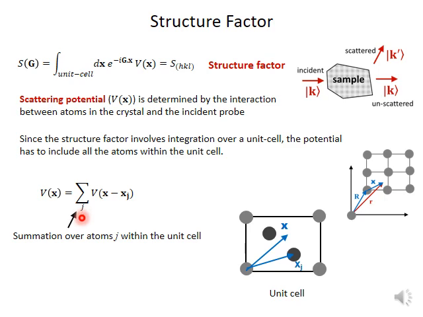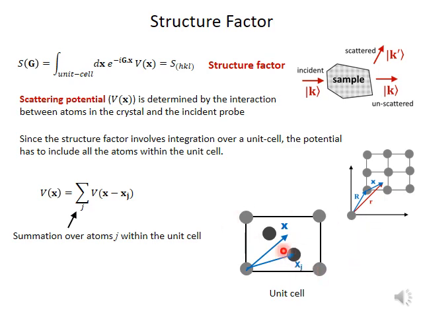So j indexes the atoms within the unit cell. Let's say that particular atom is located at a position xj, and it would have a certain potential given by v of x minus xj. What kind of potential we would see in the next slides, but nevertheless there is a potential if an incident wave is incident on this unit cell and on this particular atom within the unit cell.